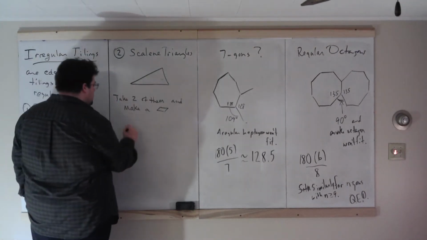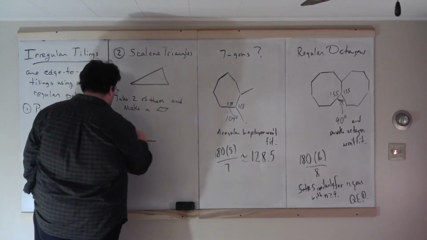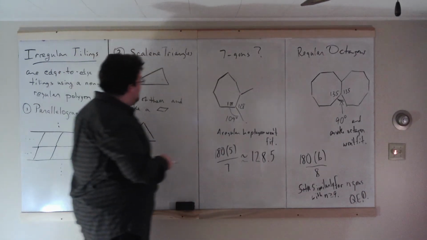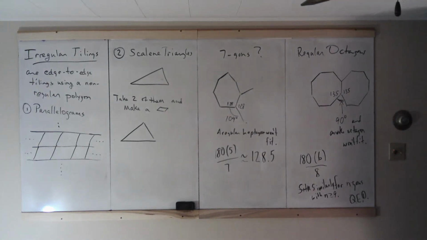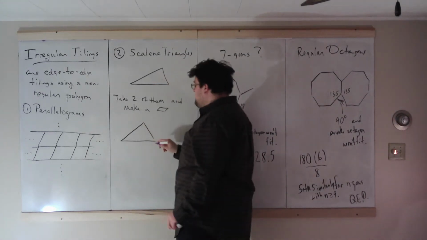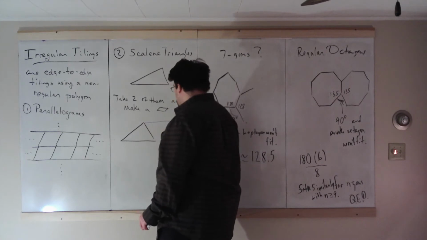But here we'll take 2 of them, so we'll take this one like this. And then we'll take the other, and I'll use a different color for that. Let's use blue. And take the other, use this same edge, but put that longer edge up here.